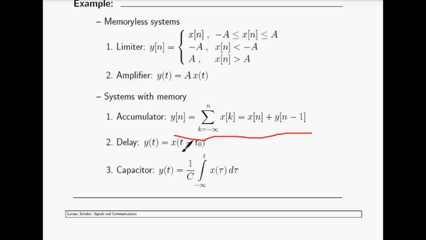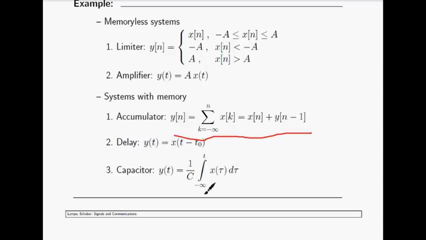And this capacitor function, y(t) is equal to 1 upon c, integral from minus infinity to t of x(tau) d tau, also depends on past values. For calculating the value at the 0th position, you need to calculate the integral from minus infinity to 0. So this is an example of a memory system.